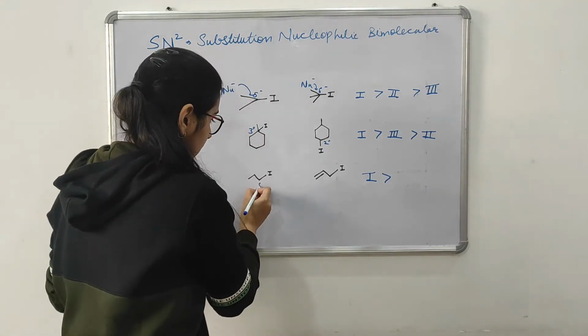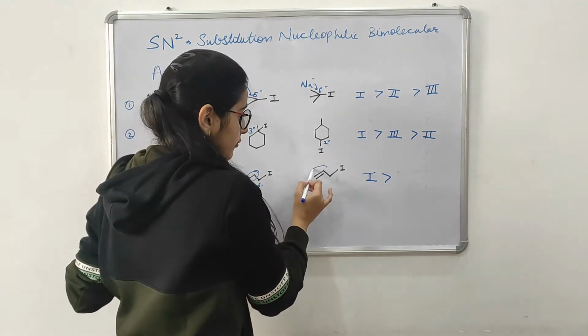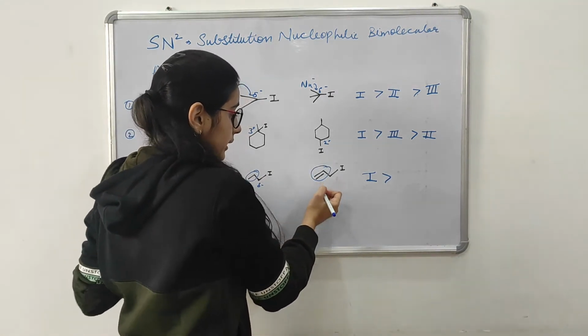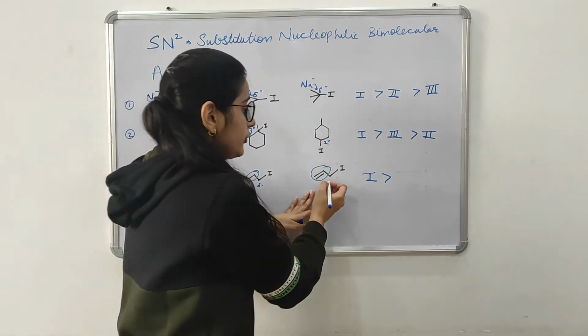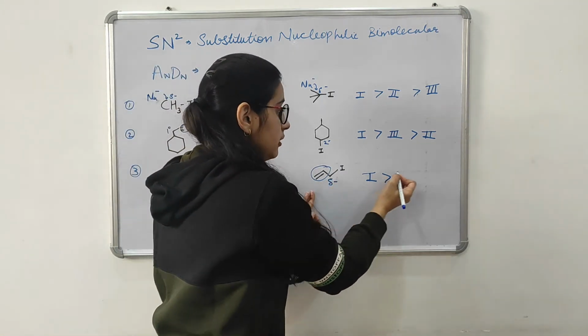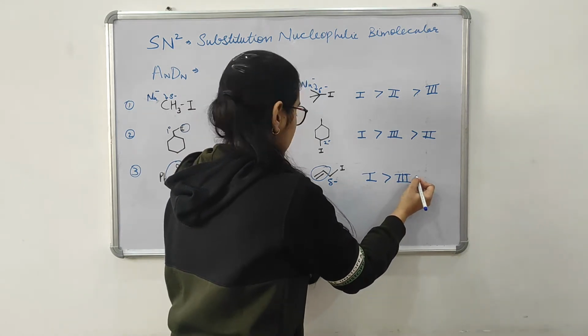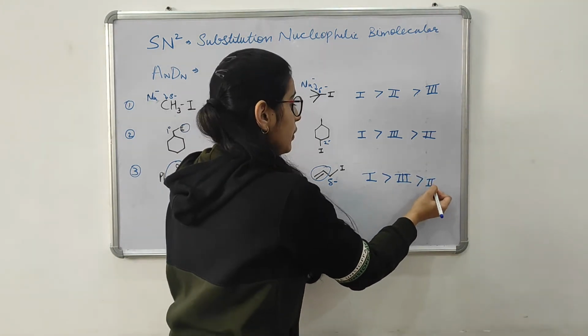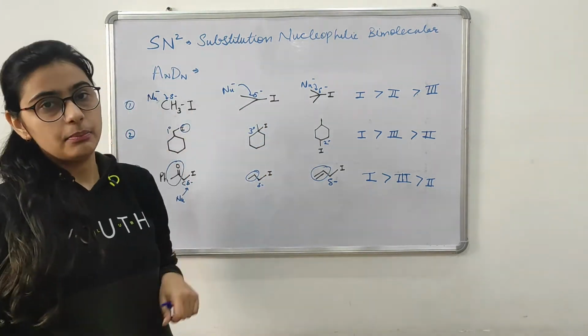Then here we have this ethyl group attached on this carbon, and here we have this ethene. So ethene will show -I effect, which will make the partial negative charge stable. So that's why third will be more reactive than second. Hope you understood the rate of reactions of these compounds.